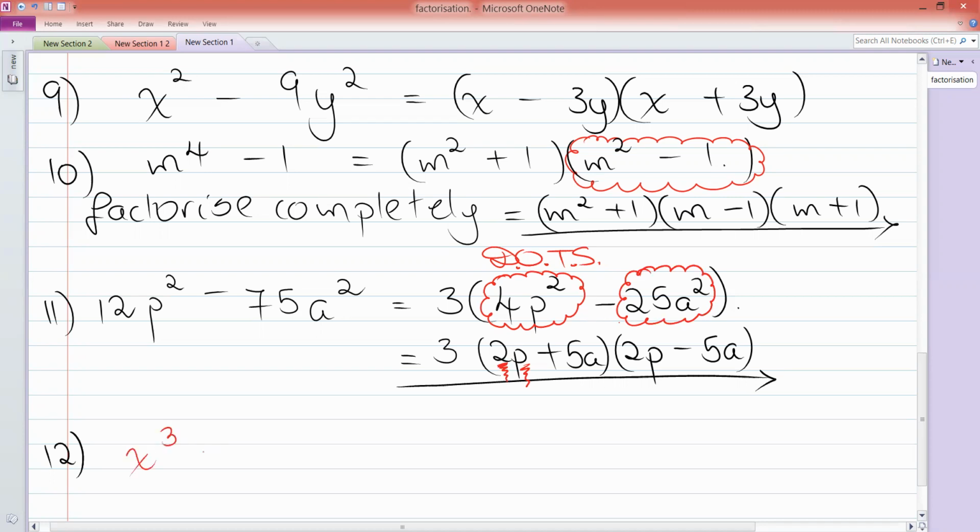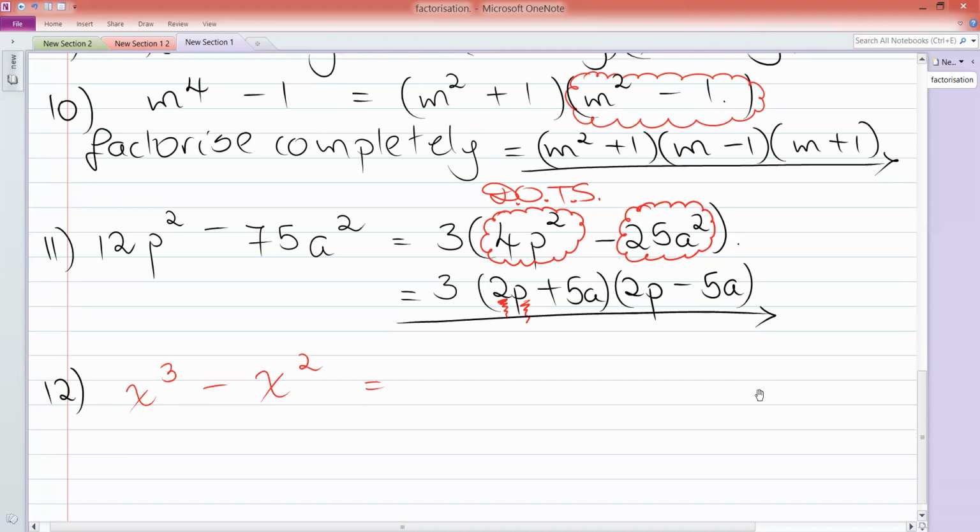x to the power of 3 minus x squared. How would I factorize this one? I don't think you can, ma'am. Or can you? You tell me. Okay, but let's start by doing what we did at the beginning.